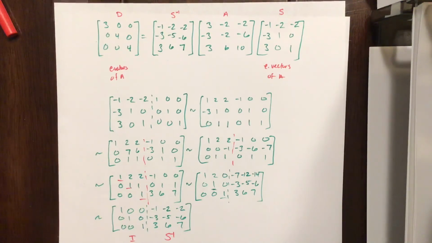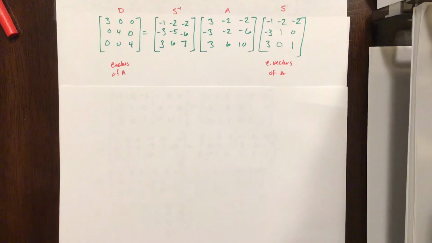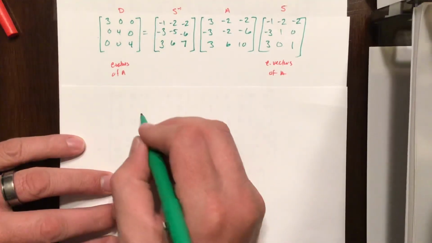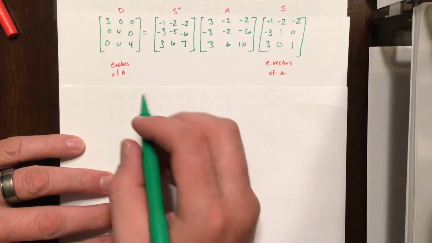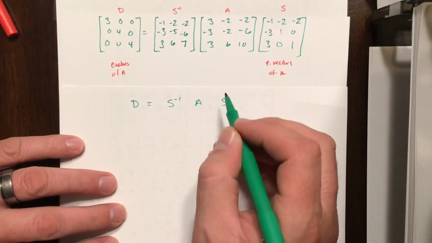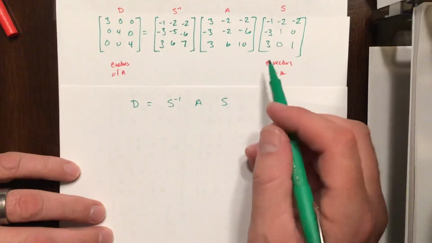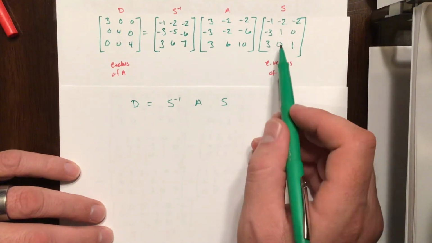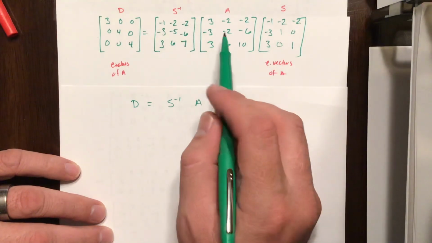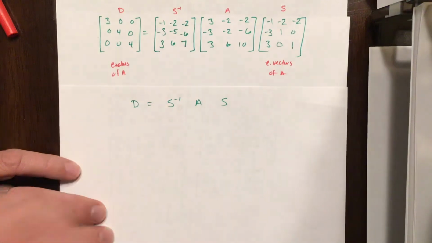Okay, just as an aside, real quick, I'll go to this set of notes. What we've demonstrated is that since A is diagonalizable, it can be written as D equals S inverse AS. And you can confirm that. If I had the time and the patience, I could multiply A and S together and then multiply the product with S inverse and get this diagonal matrix.